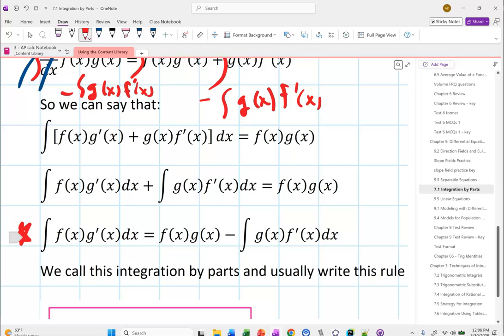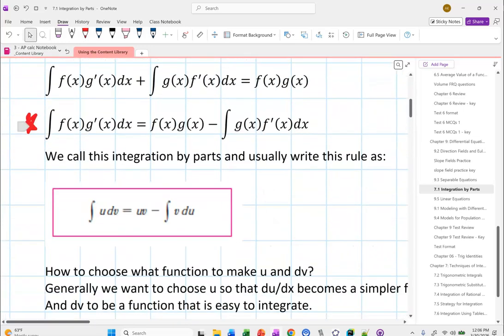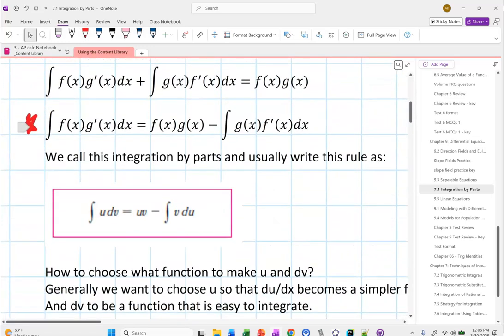So that's another integration formula for the product of two functions, right? We call this formula integration by parts. Traditionally, instead of using f of x and g prime of x, we use u and dv. So we say that the integral of u dv is u times v minus the integral of v times du.